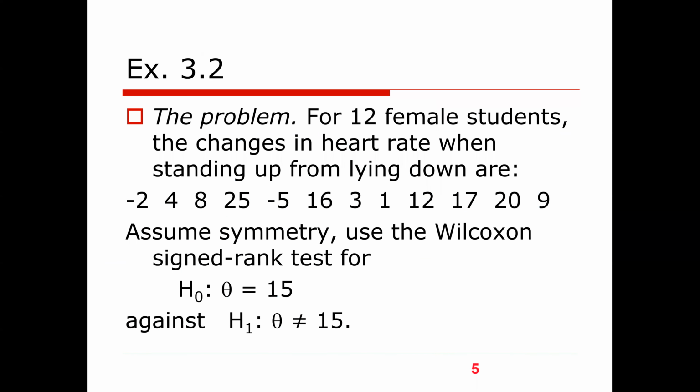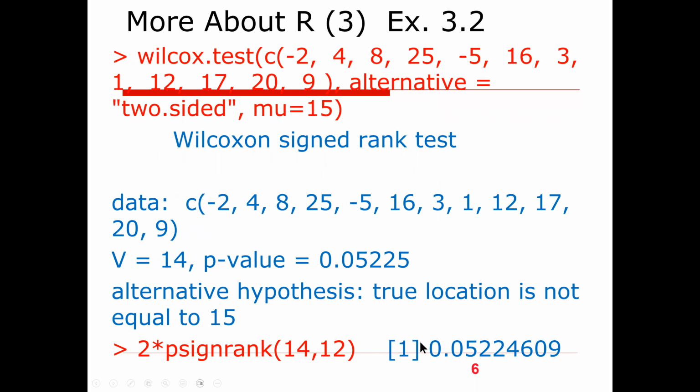So then, similarly, we can use wilcox.test for example 3.2, like this. And for example 3.2, because it's a two-sided test, if we use psignrank to calculate the p-value for two tails, then we need to multiply this value by 2 to get the two-sided p-value.